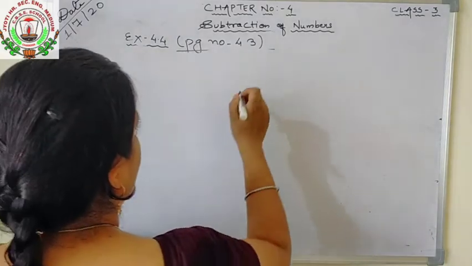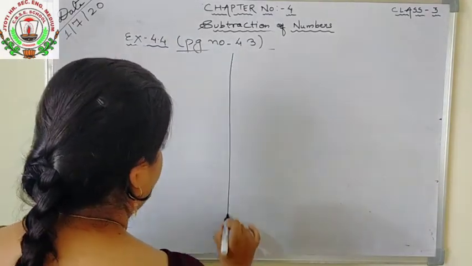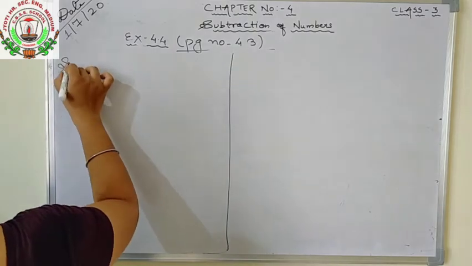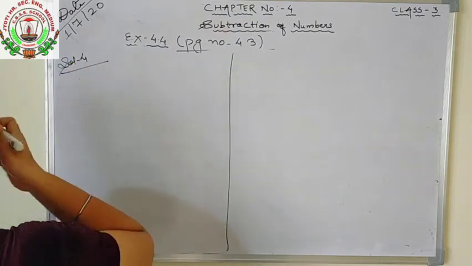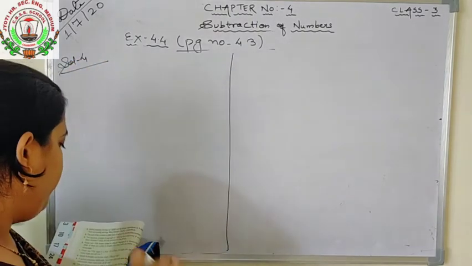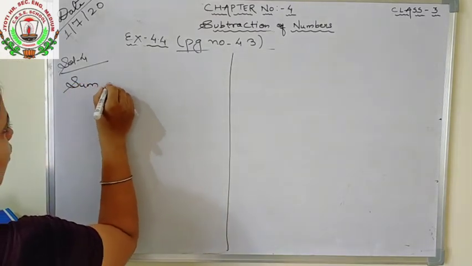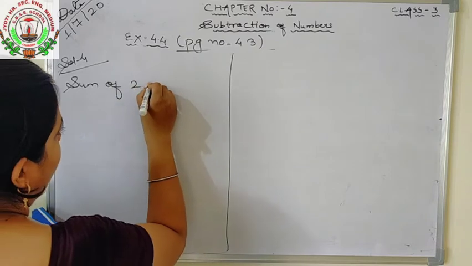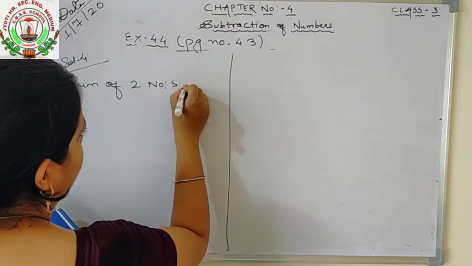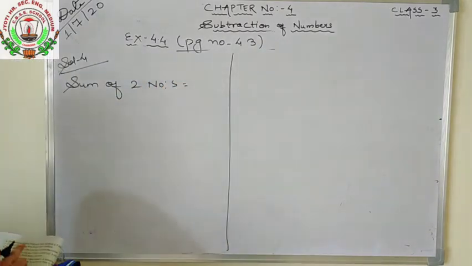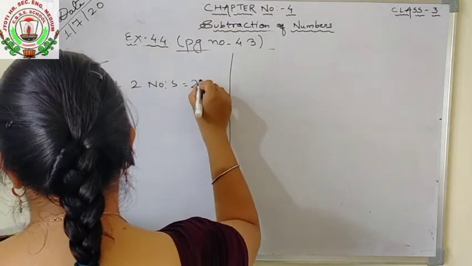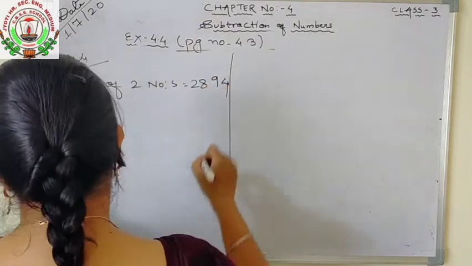Now, question number 4. What is question number 4? The sum of two numbers is 2,894.